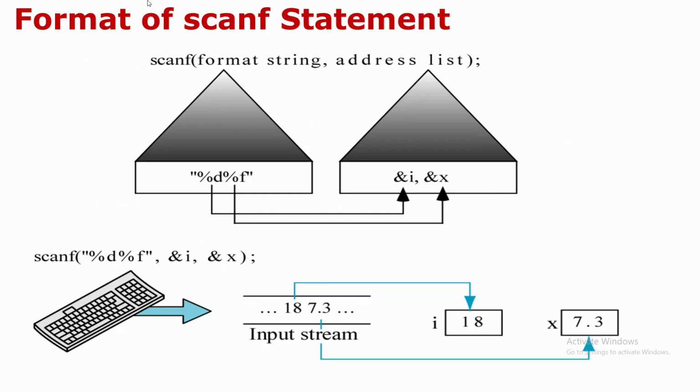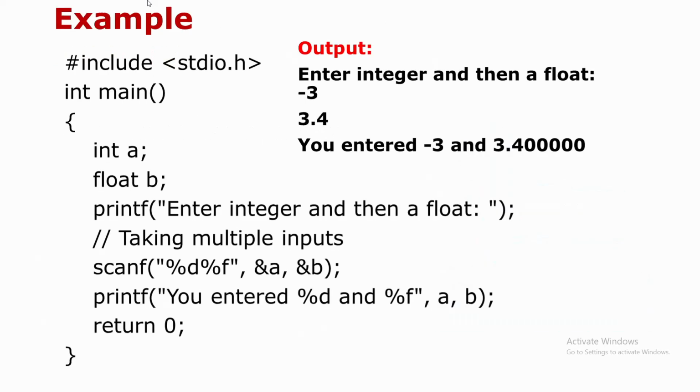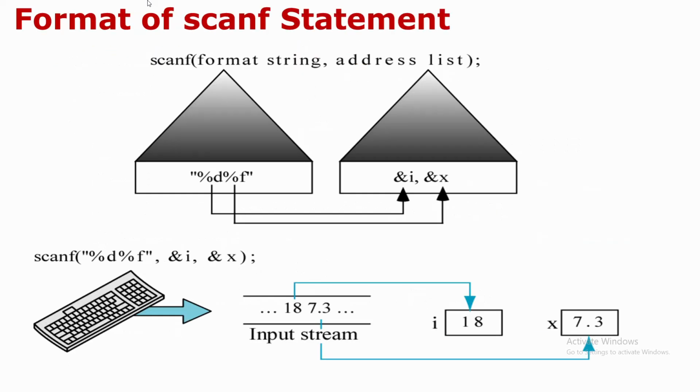First part is the format string. The format string tells the compiler what type of data the user is going to enter. For example, %d integer, %f float, %c character, %s string. In the second part, the address list tells the compiler where to store the entered value in memory.